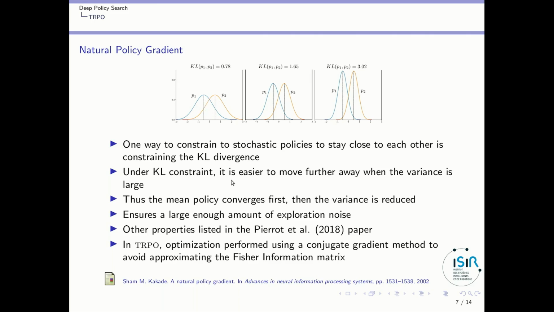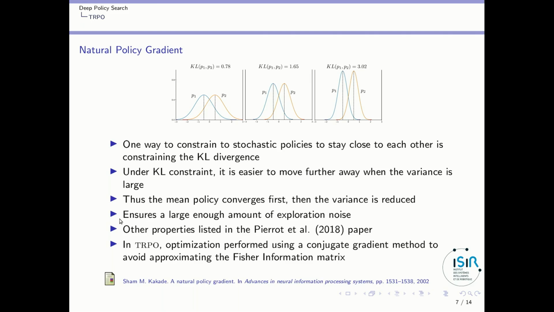So in practice, applying gradient descent with a KL divergence constraint will first reduce the distance between the policies and then reduce the variance, because it's easier to reduce the KL divergence when the variance is large. So this will ensure a large amount of exploration noise because you keep this variance large, and probably that's the main effect of TRPO, that it favors exploration.